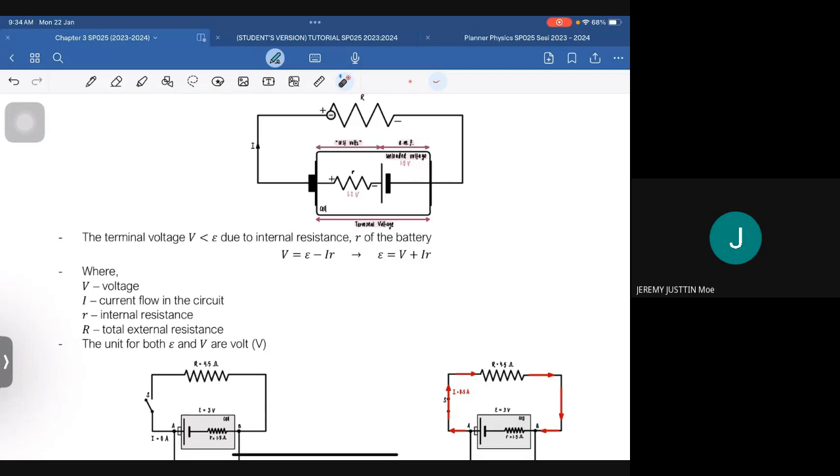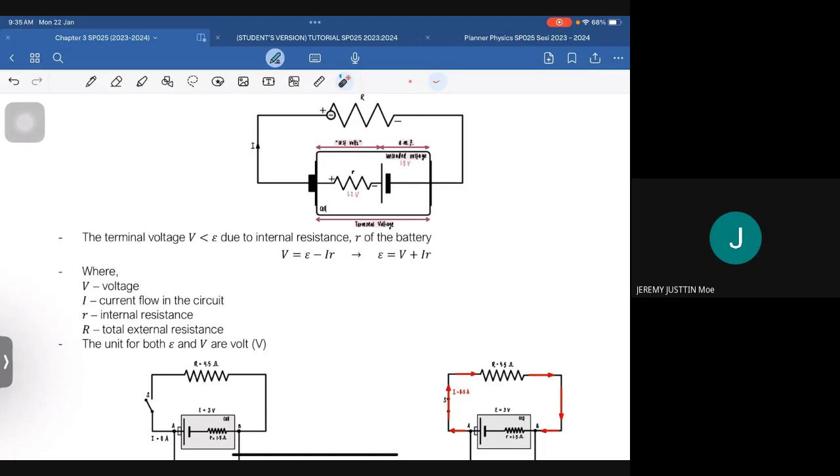So selepas EMF tu, kiranya lepas volt tu lepas ni internal resistance, dia akan berkurang sebab dia ada an internal drop. Okay, so known as internal drop lah. That's why terminal voltage lah. Terminal voltage ni dia kena tolak dengan IR, voltage loss due to this presence of internal resistance.